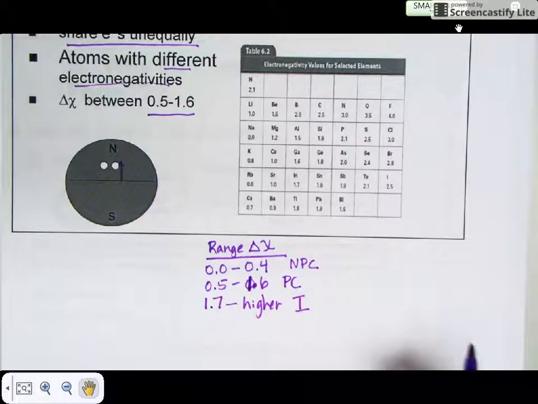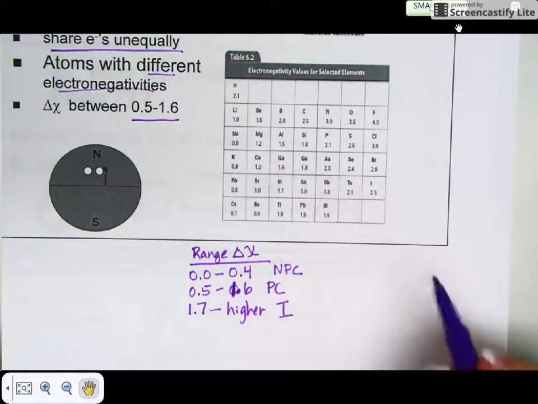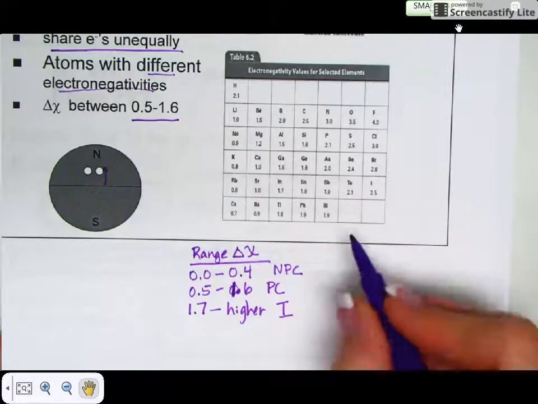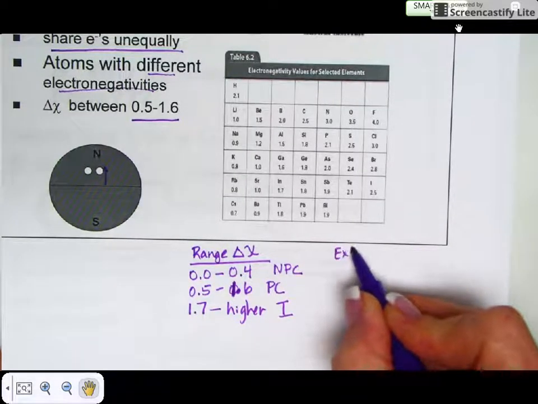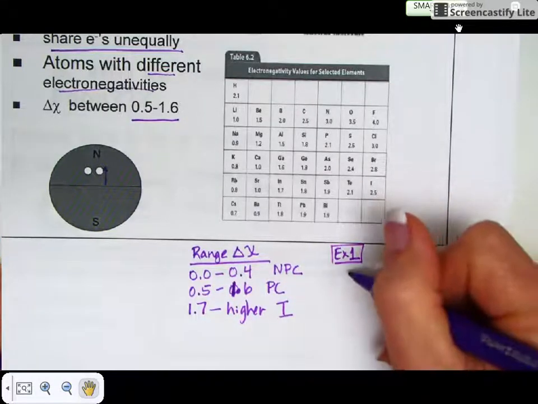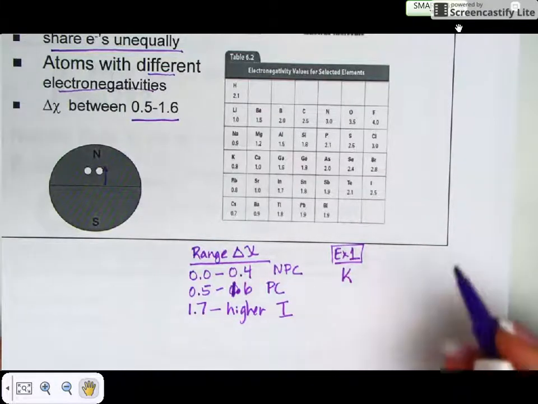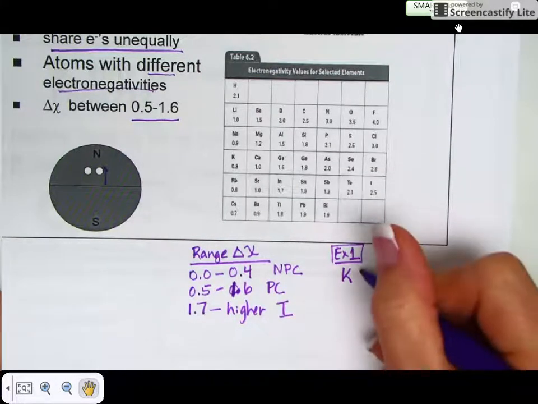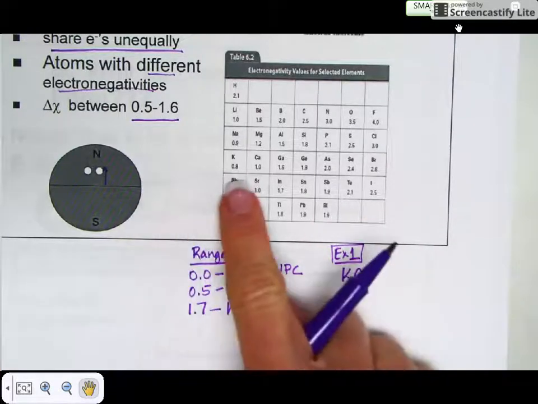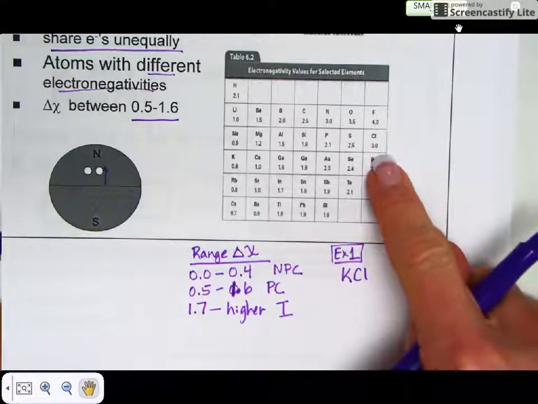All right, so let's do some examples. We're just going to use this electronegativity table here. I want you to classify the bond type. Let's look at, first of all, potassium and chlorine. You're going to find the elements on the table. Potassium's a 0.8, chlorine's a 3.0.